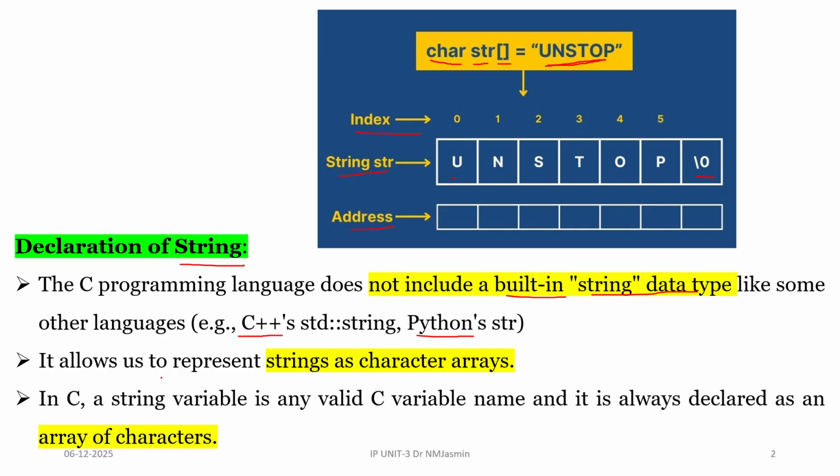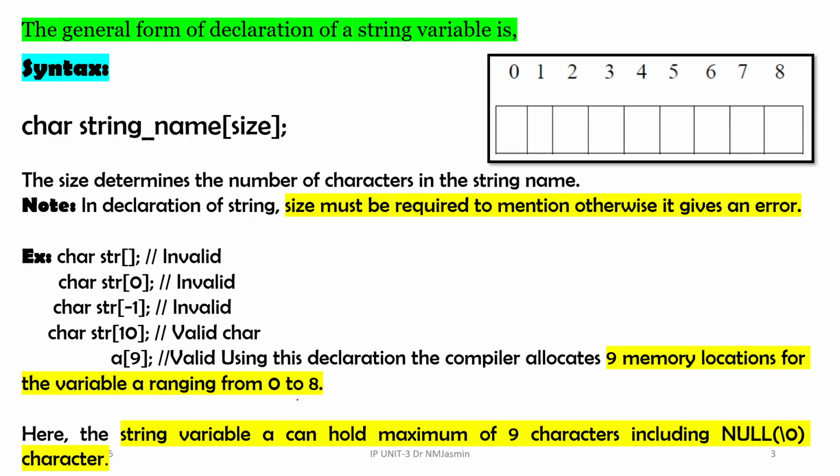That is the reason strings are represented as character arrays. In C, a string variable is any valid C variable name and it is always declared as an array of characters. Declaration means we represent it with an array of characters.